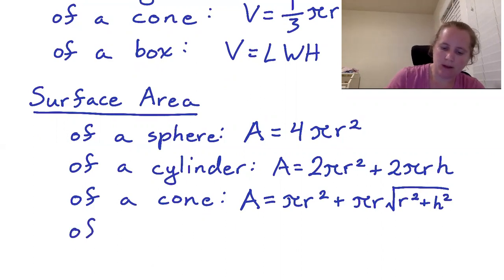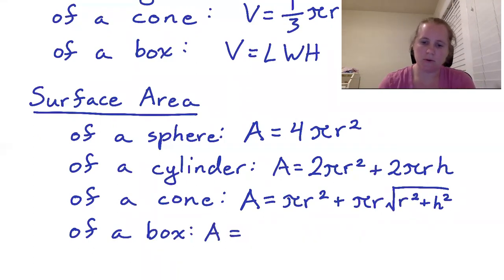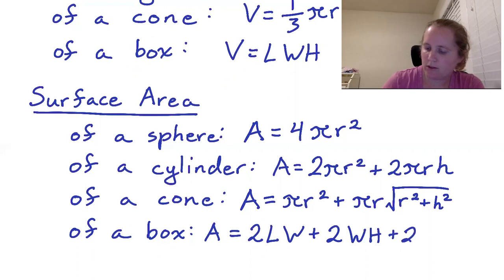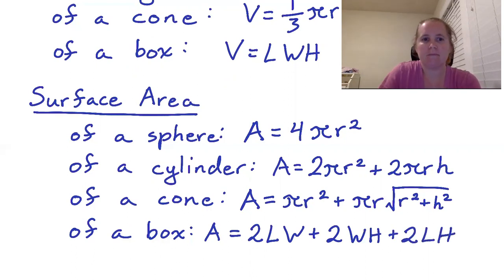Surface area of a box, we have that area is equal to 2 length times width plus 2 width times height plus 2 length times height. So again, these are the standard surface area situations you might run into.